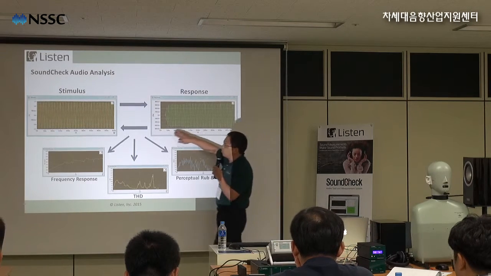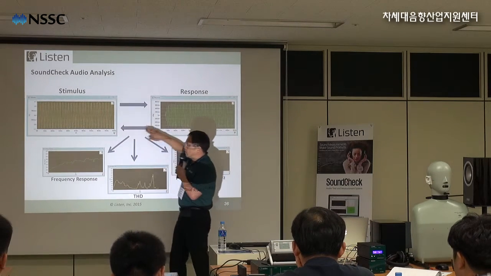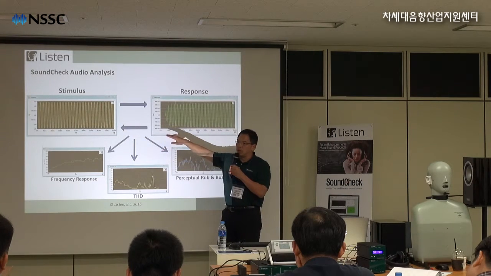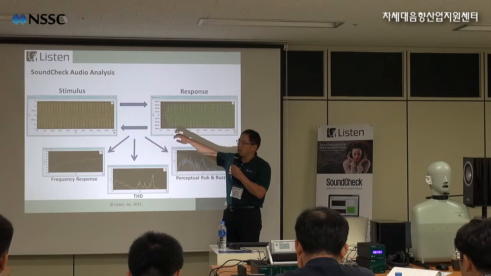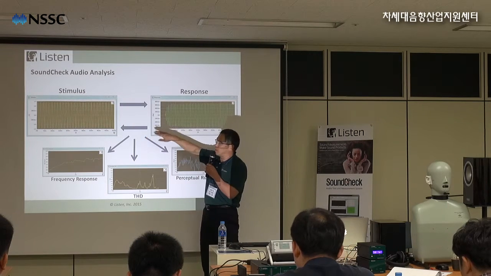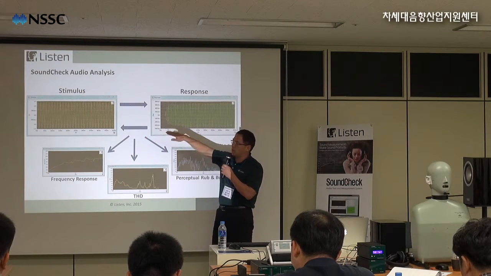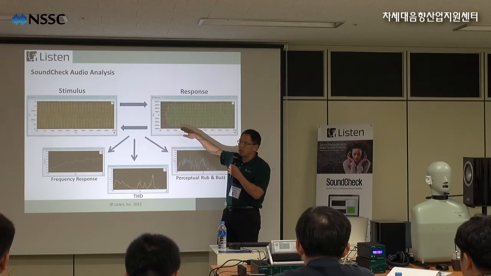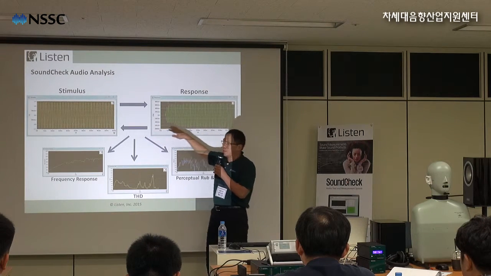And if these two are not in the same sample rate, SoundCheck will tell you that. It will tell you you're not working at the same sampling rate for the stimulus and response. So you'll know you're in trouble when you don't have matching sampling rates.